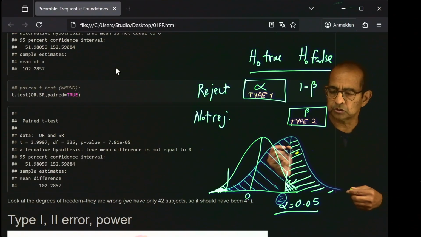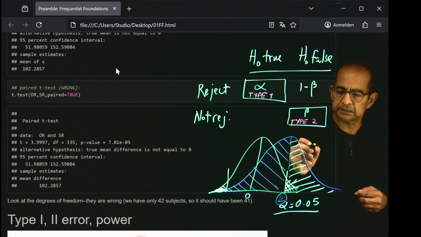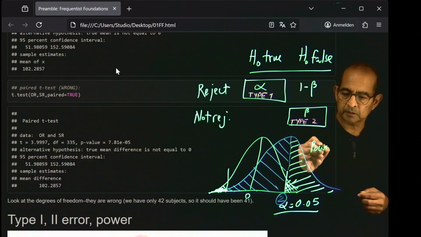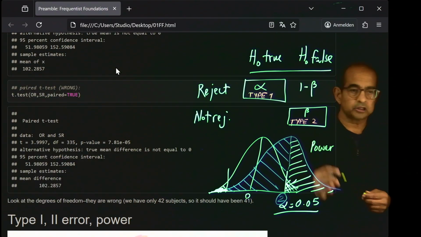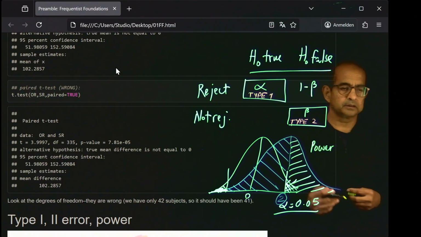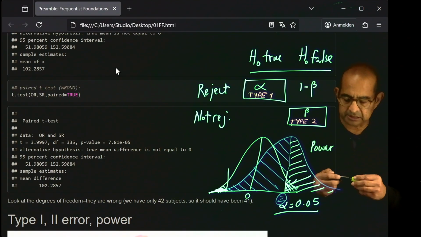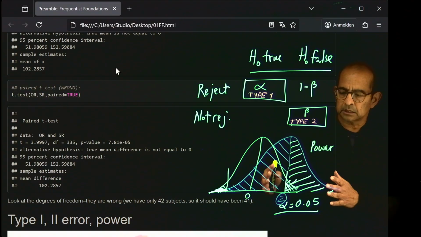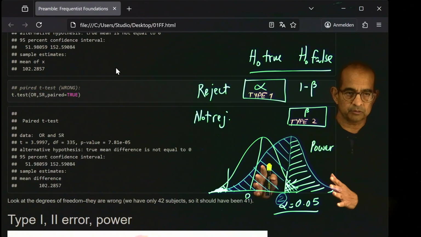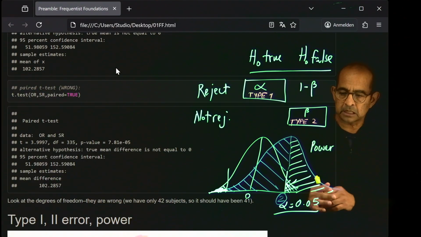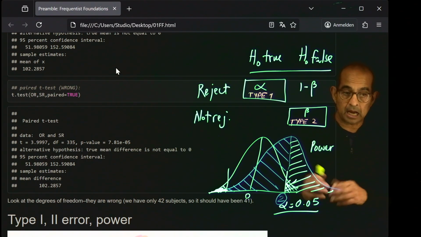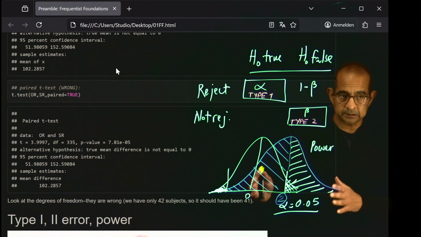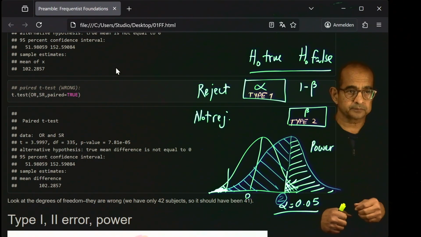This probability, 1 minus beta, is called statistical power. We'll just call it power here, but it refers to statistical power. And so now you can see what is going to happen when we run the experiment with high power versus low power. I'm going to talk about that next.